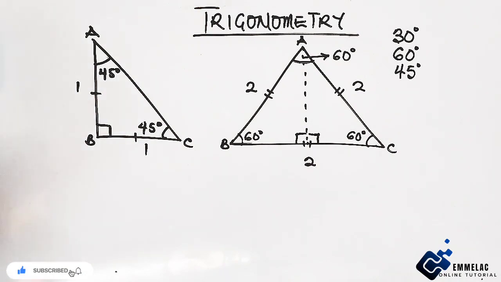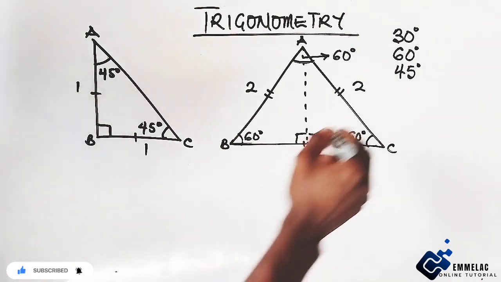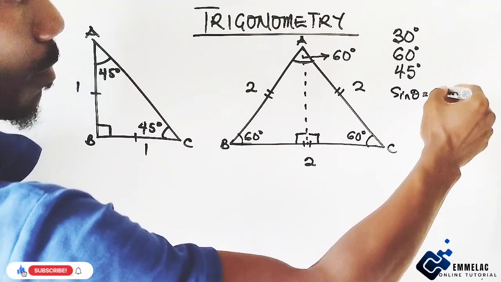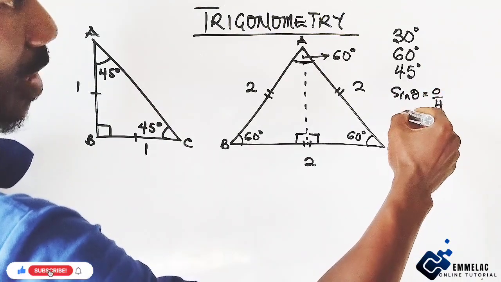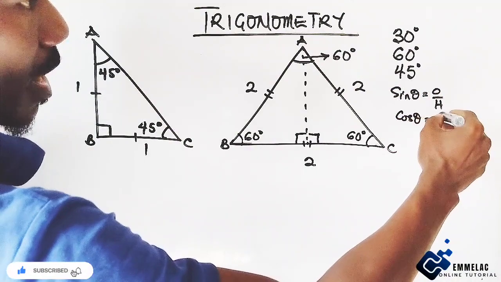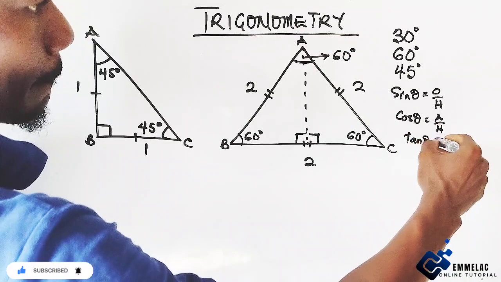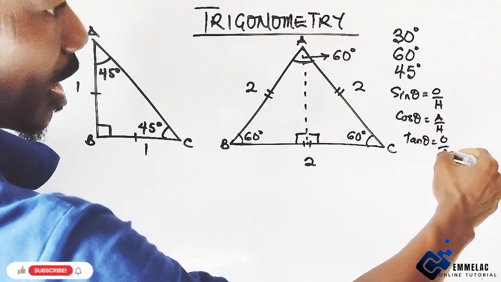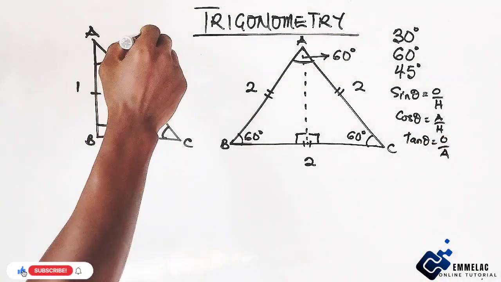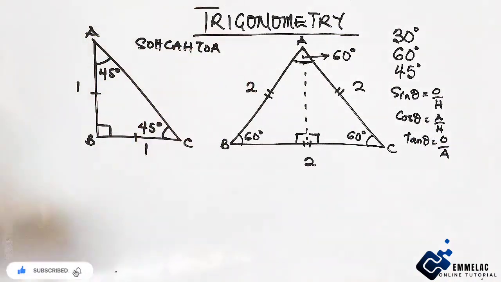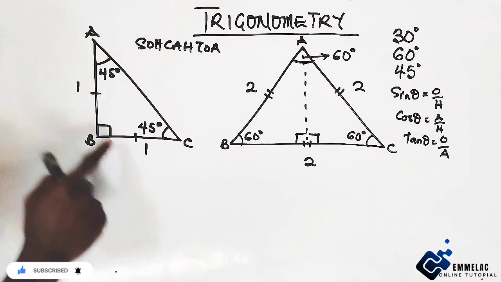Okay, now let us recall SOHCAHTOA. SOHCAHTOA says sine theta equals opposite over hypotenuse, then cos theta equals adjacent over hypotenuse, and tan theta equals opposite over adjacent, right?